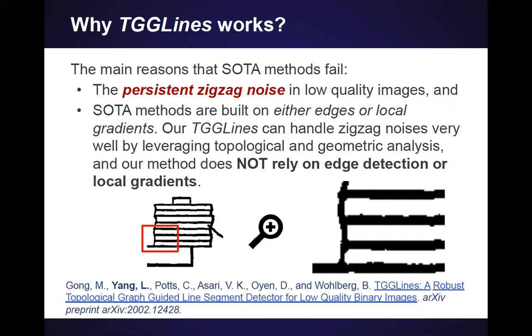Also, most state-of-the-art methods are built on either edges or local gradients. Our TG lines can handle zigzag noises very well by leveraging topological and geometrical analysis, and our method does not rely on edge detection or local gradients. Check our paper manuscript for more details about our method.